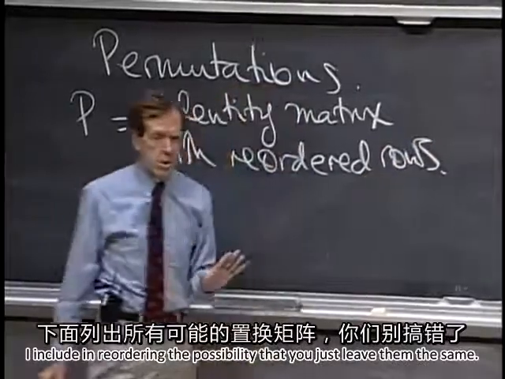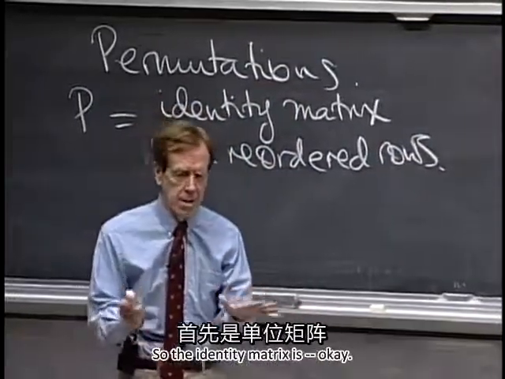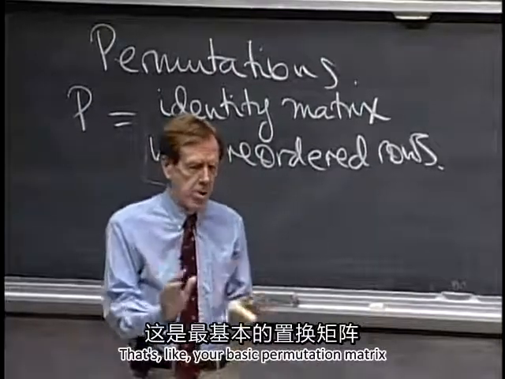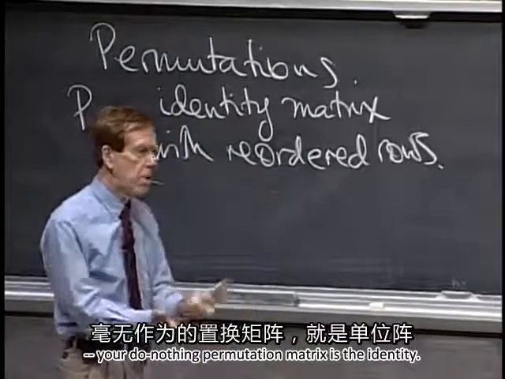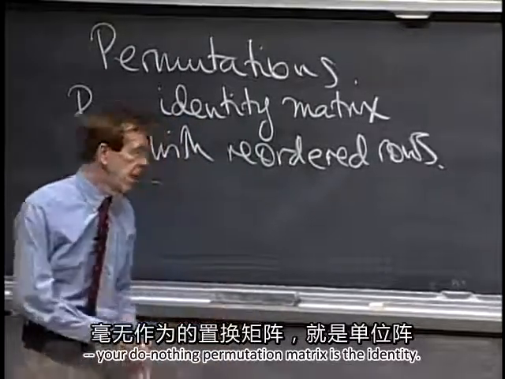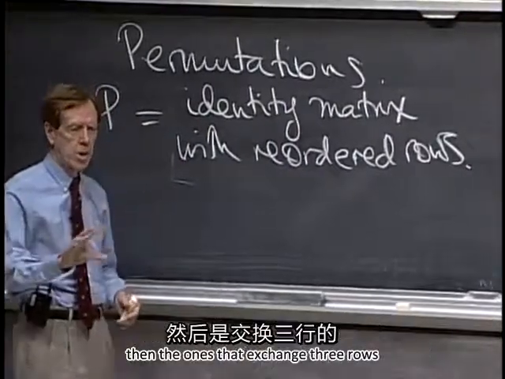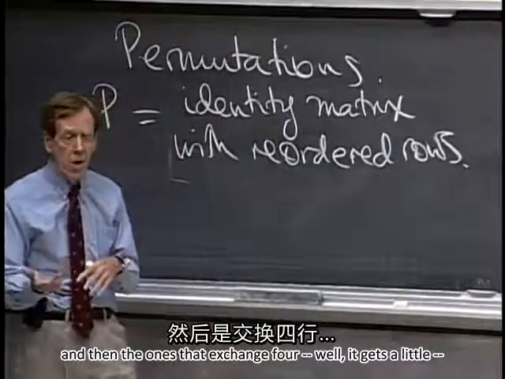Well, I include in reordering the possibility that you just leave them the same. So the identity matrix is okay. That's like your basic permutation matrix. Well, your do-nothing permutation matrix is the identity. And then there are the ones that exchange 2 rows, and then the ones that exchange 3 rows, and then the ones that exchange 4.